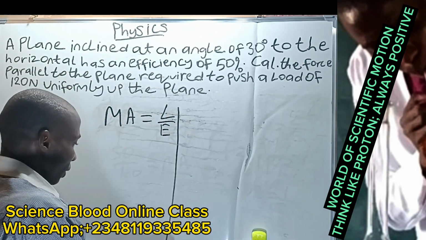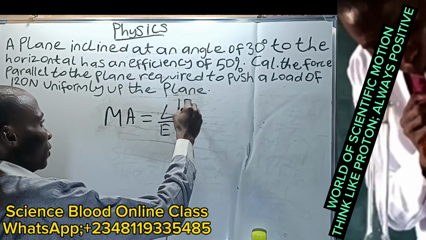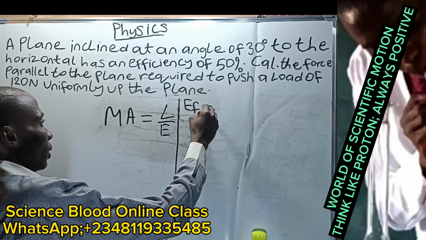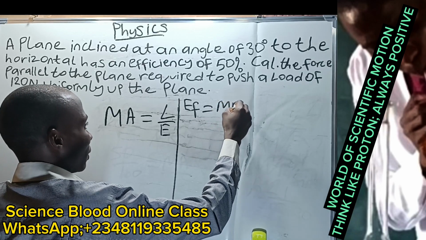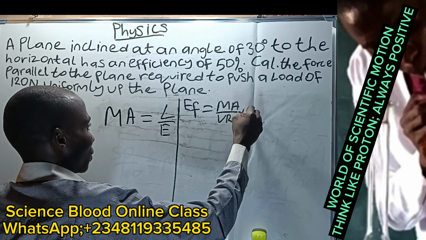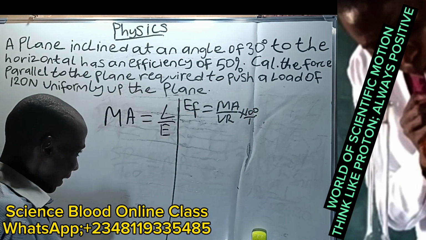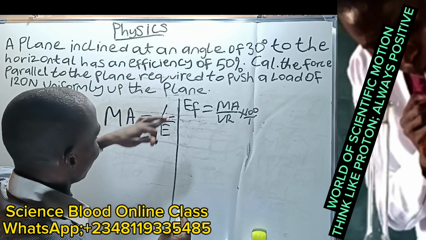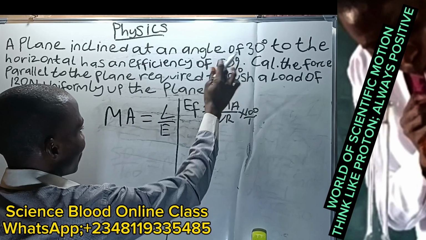we make use of the formula again, which says efficiency is equal to the mechanical advantage all over velocity ratio times 100 over 1. Again, from the question, mechanical efficiency is given as 50%.